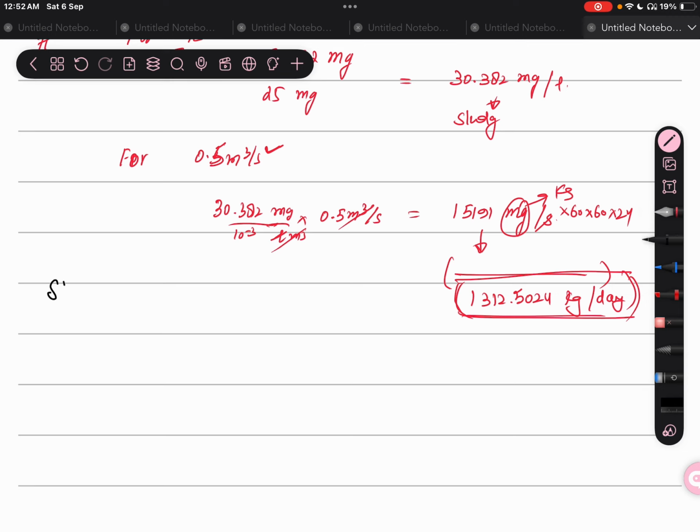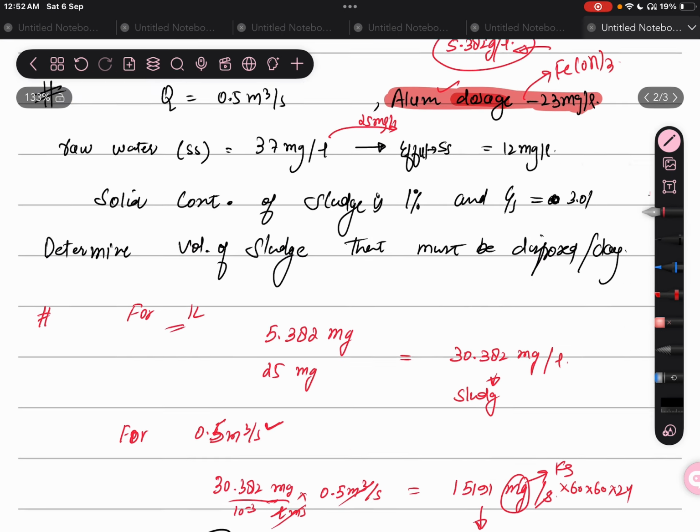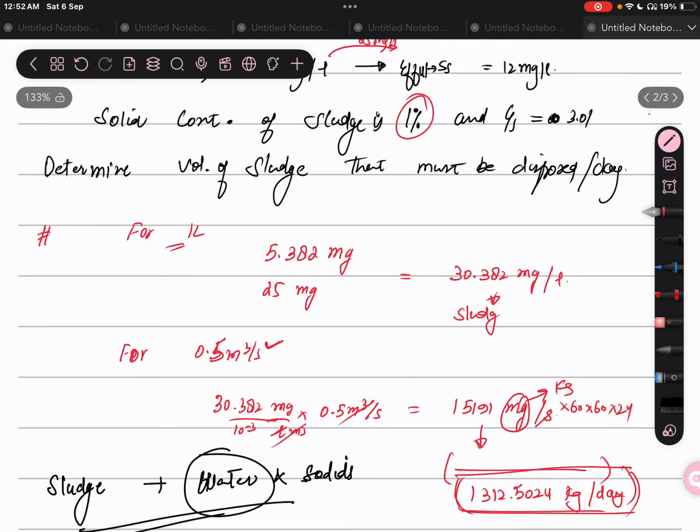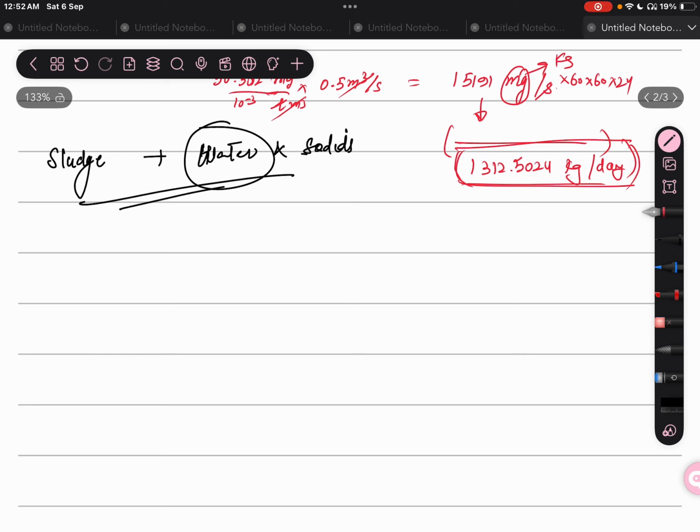But as we know, the sludge consists of both water and these solids. Now, how can we calculate the water? We have been given a solid content of 1%. 1% means weight of solids divided by weight of solids plus weight of water present in sludge.